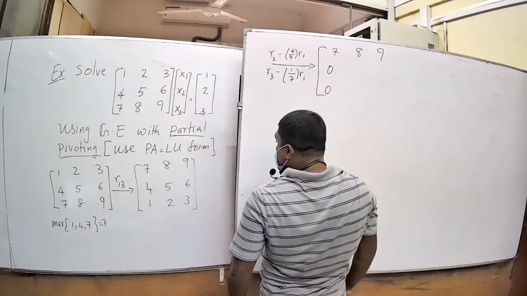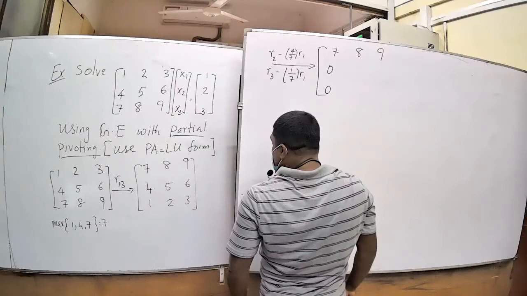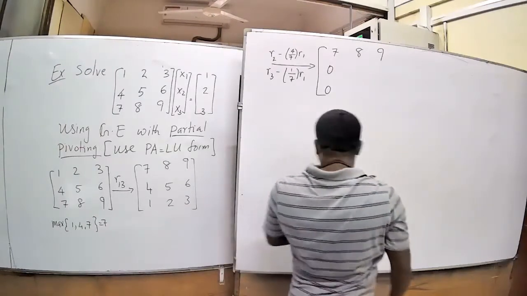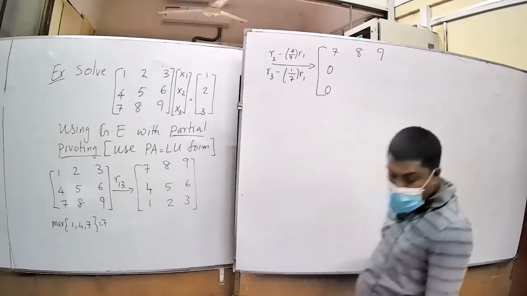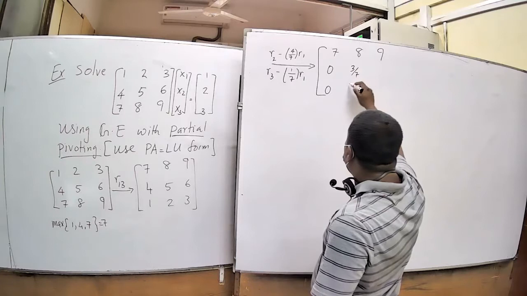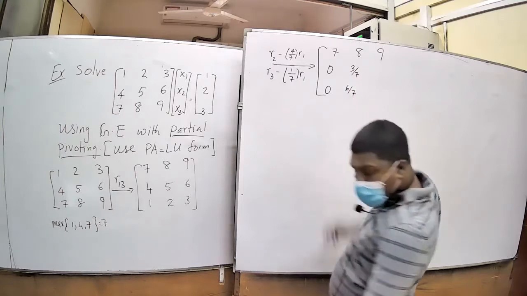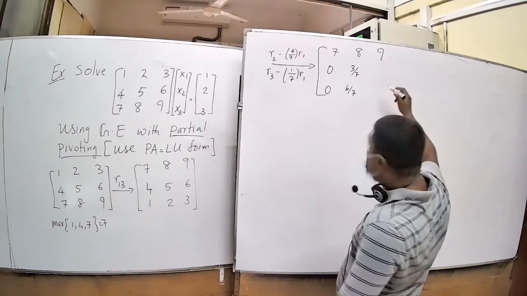And this is 8 minus 32 upon 7, 5 minus 32 upon 7. So this is 3 upon 7. This one is 6 upon 7 and 19 upon 7.